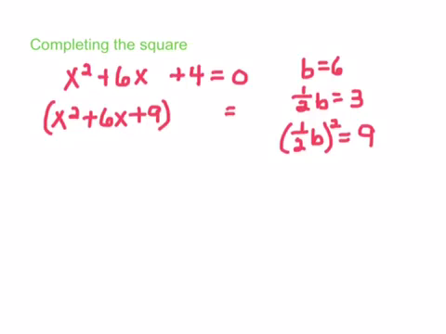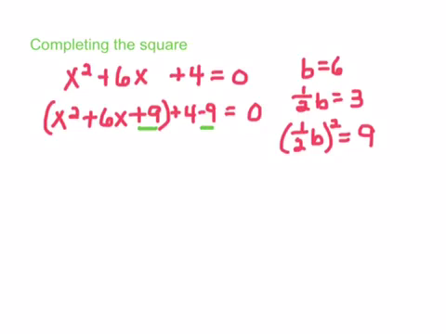To keep the equation balanced, however, we have to bring down the plus 4 and subtract 9. We're adding 9 inside the parentheses and subtracting 9 outside the parentheses.